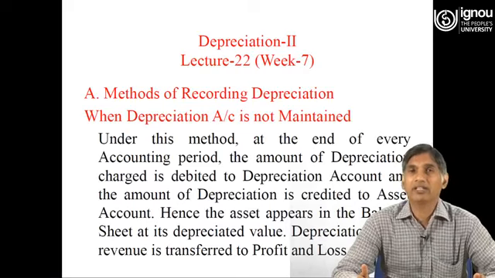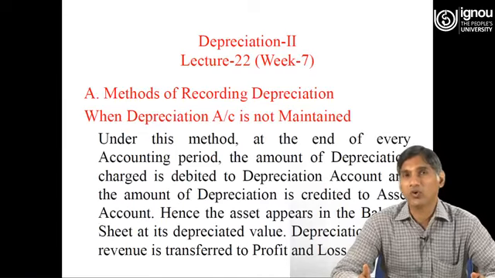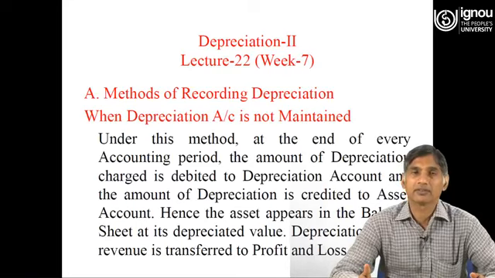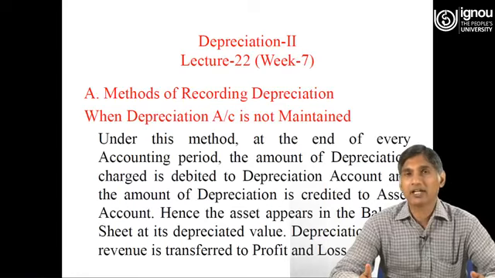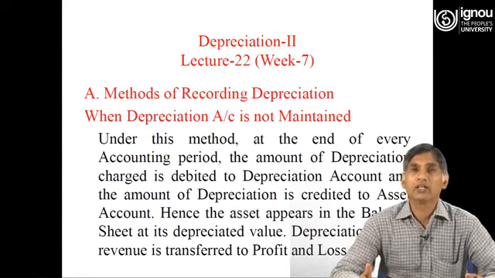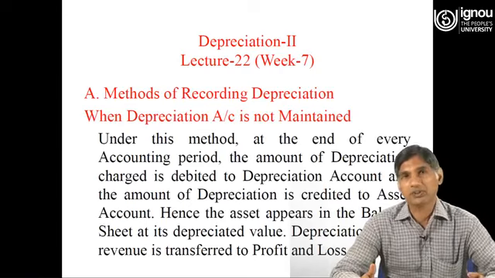It means every year the asset will be recorded at rupees 1 lakh, that is its original price, on the asset side of the balance sheet. But on the liability side, in the first year the accumulated depreciation balance will be shown as rupees 10,000.